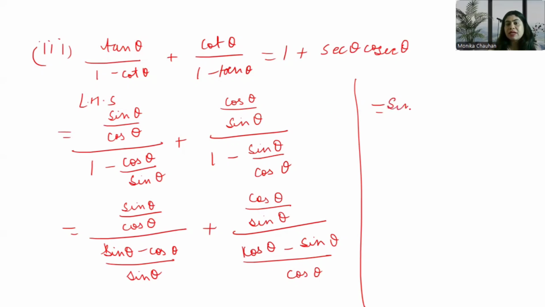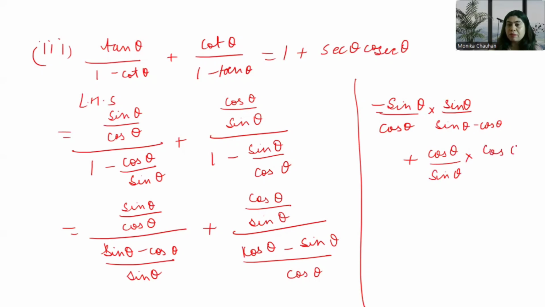It means sine theta upon cos theta, and when I change this division into multiplication, this sine theta will go up, and sine theta minus cos theta will come. Similarly for the other side as well: plus cos theta upon sine theta, and this cos theta will go up, and you will be left with cos theta minus sine theta. The next step is sine theta into sine theta.